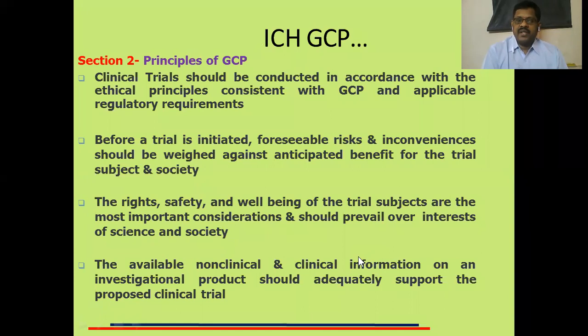Before a trial is initiated, foreseeable risks and inconveniences should be weighed against anticipated benefit for the trial subject and society. We have to be thorough about what is the negative side of this result and what are the benefits of this result. What are the risks and benefits? We should know very well, and accordingly, we should plan and safeguard the trial subjects.